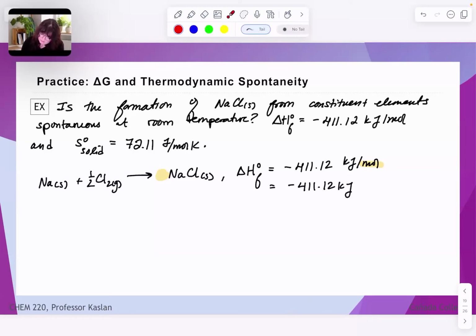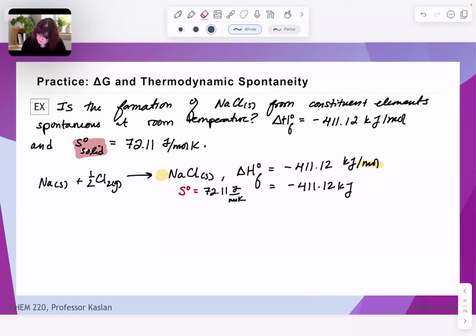And then I have also told us that when this crystal exists, its standard entropy of this solid is 72.11 joules per mole Kelvin.